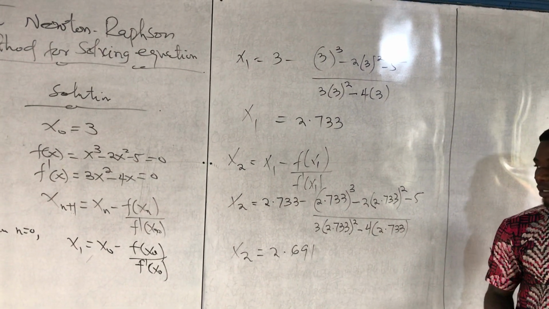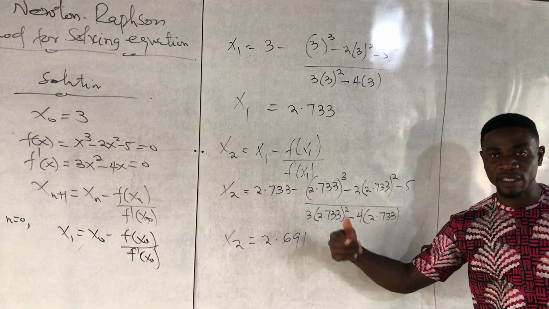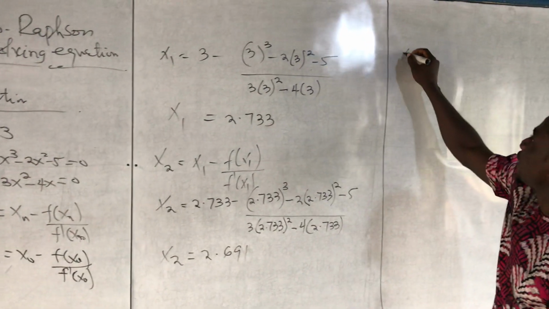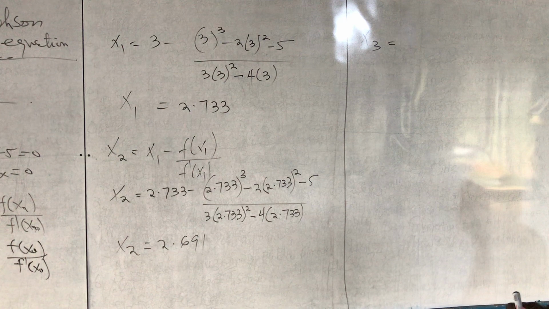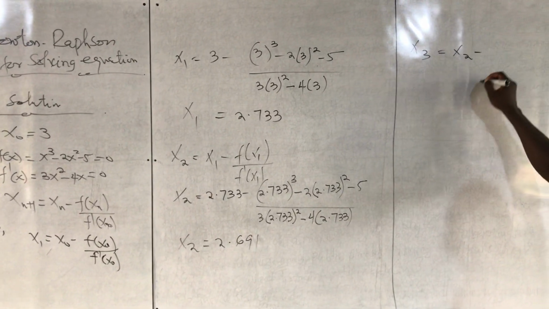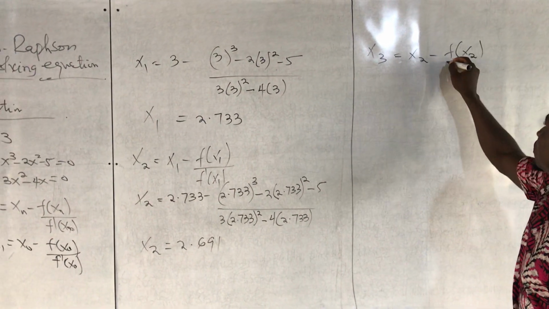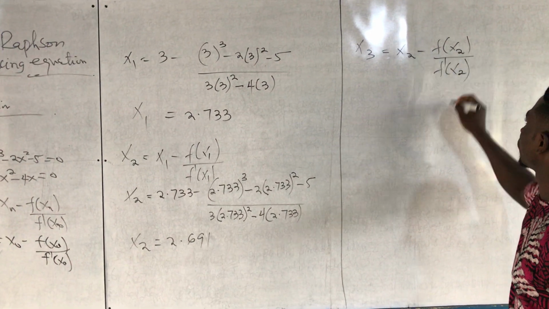We'll use this for the third iteration. So x3 = x2 - f(x2) over f'(x2).